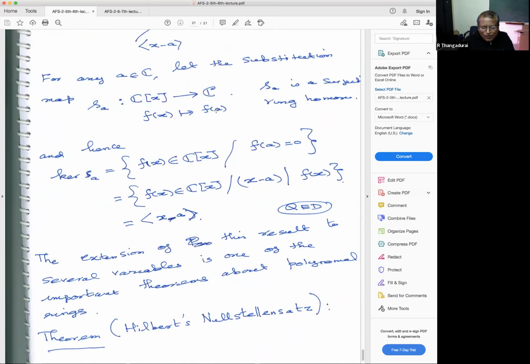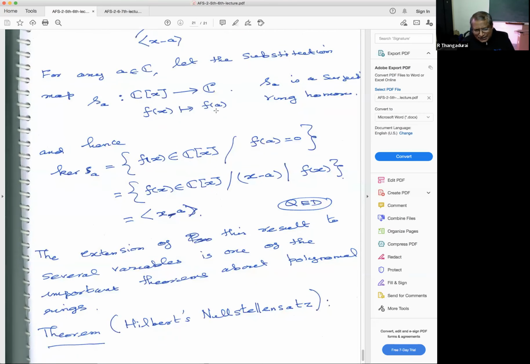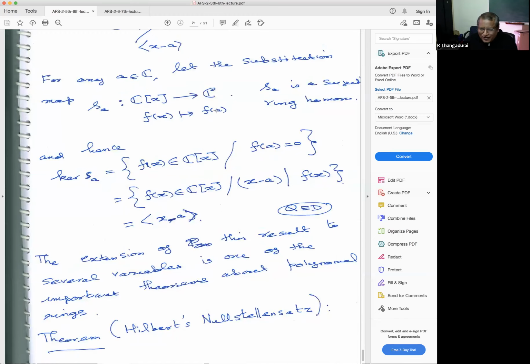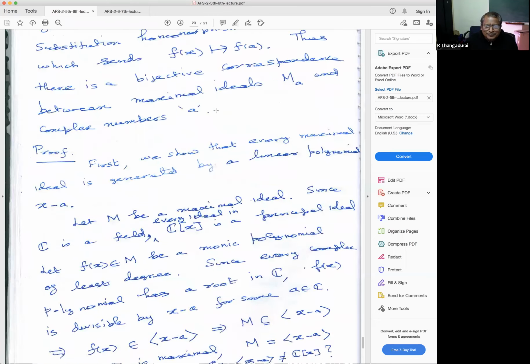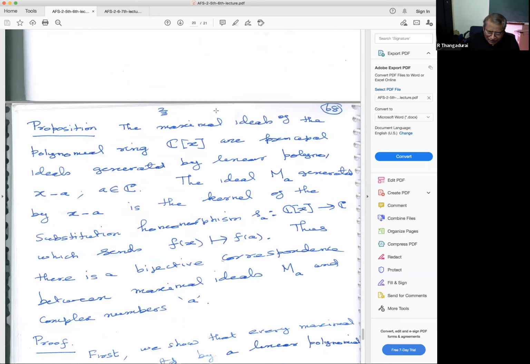Now you are going to see the first non-trivial theorem in this course, which is going to be Hilbert's Nullstellensatz. What is this theorem? What we have seen here is that we have studied all the maximal ideals of the polynomial ring C of x, how they look, and every point in C gives rise to a maximal ideal in C of x, and this correspondence is bijective.